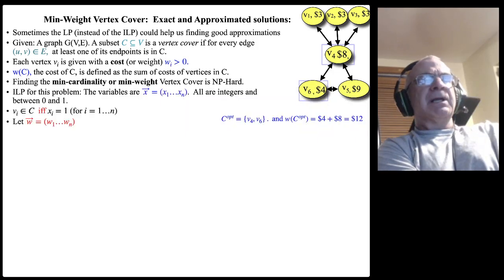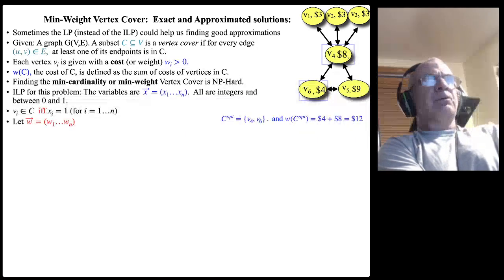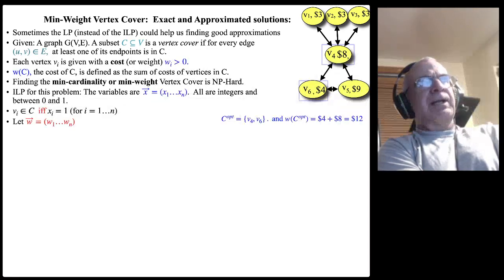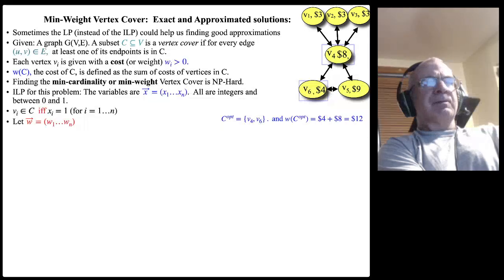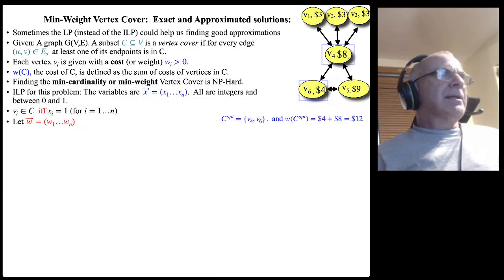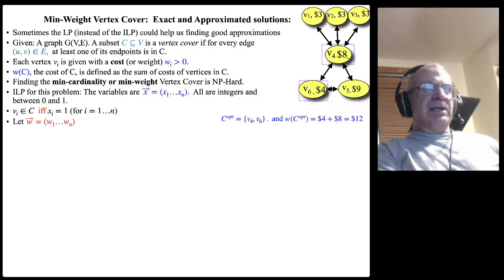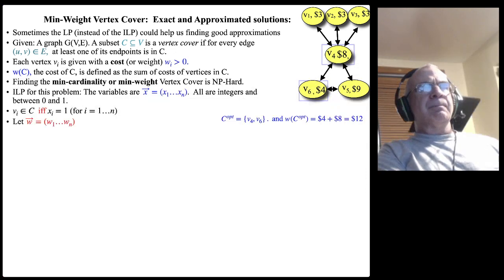We will be able, however, to prove that what we will get fast will be a true approximation. Namely, it will cost no more than twice the optimum solution, but still we will live long enough to see the algorithm terminate. For this, we will see how linear programming, not integer linear programming, but linear programming directly, can be used.